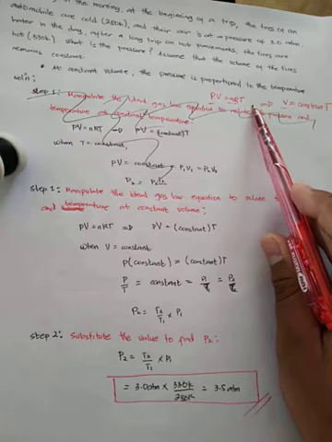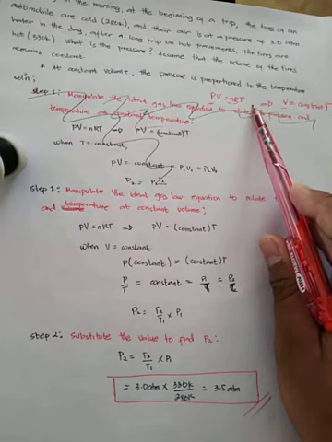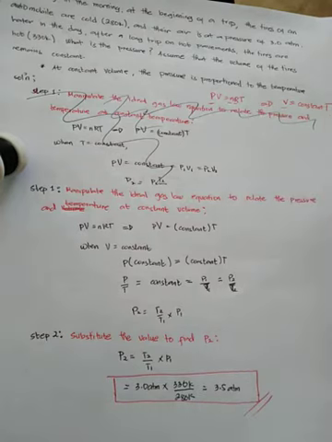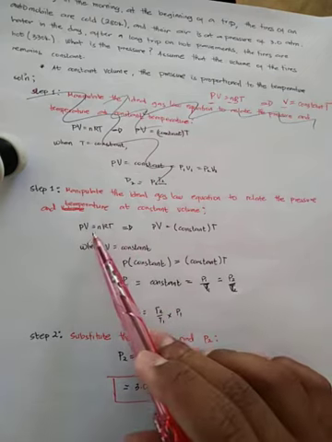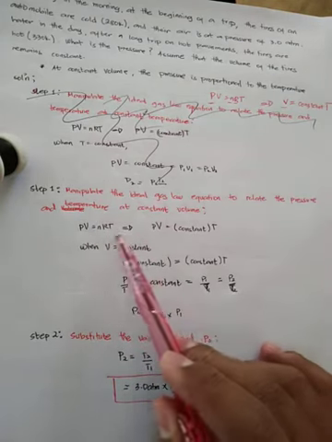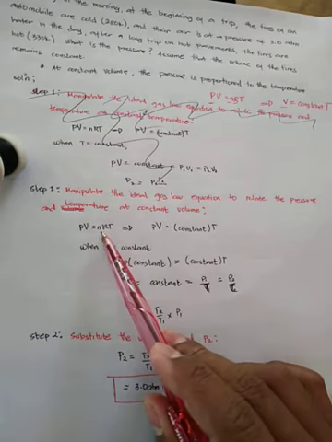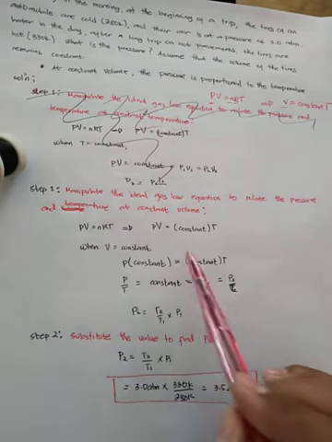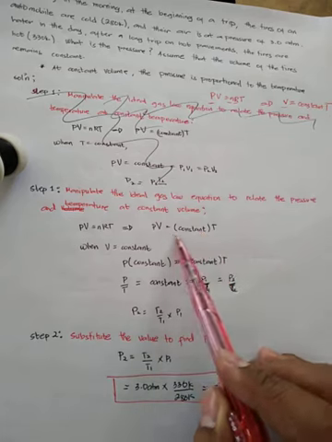After that, kukunin natin yung pinaka-original form ng magiging derived form ng ideal gas equation natin. Okay? So we have in here PV and RT. So since yung n at saka R dito is constant, kasi yan lang naman yung number of moles at saka yung universal gas constant, so lalagay na lang natin na constant.